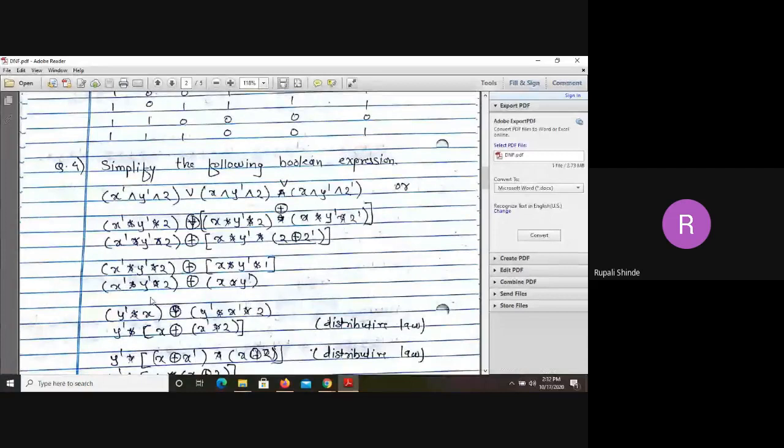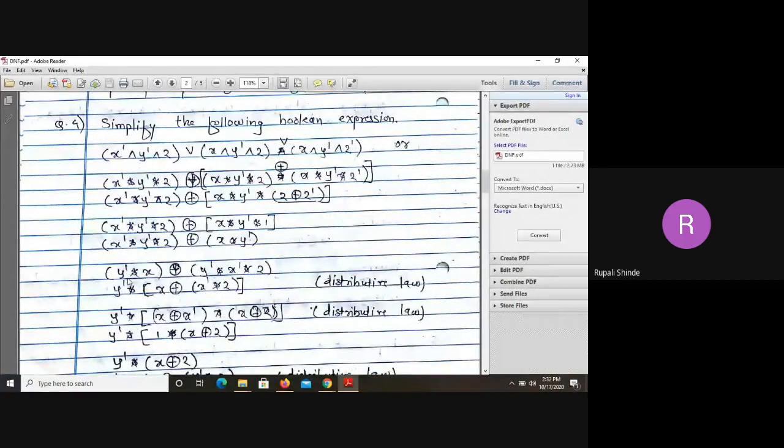Okay. Now check here. First term we have kept as it is. Now we can write this one as Y complement star X XOR Y complement star X complement star Z. So from this we can come to know that Y's complement is common between these two terms. So that Y's complement we have taken outside the bracket.